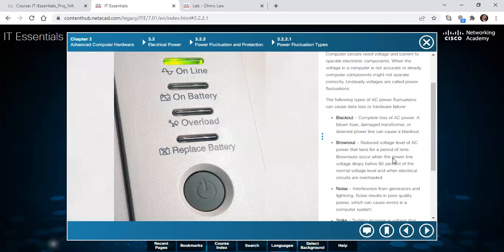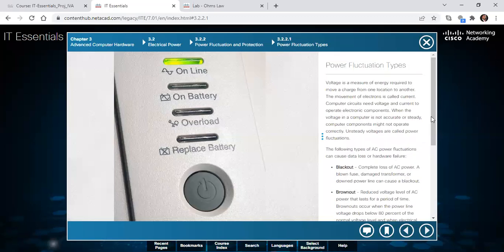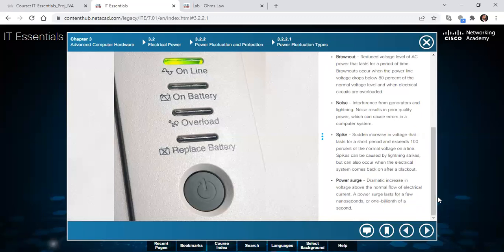Spikes can be caused by lightning strikes, but can also occur when the electrical system comes back on after a blackout. Now, this spike always happens most of the time.